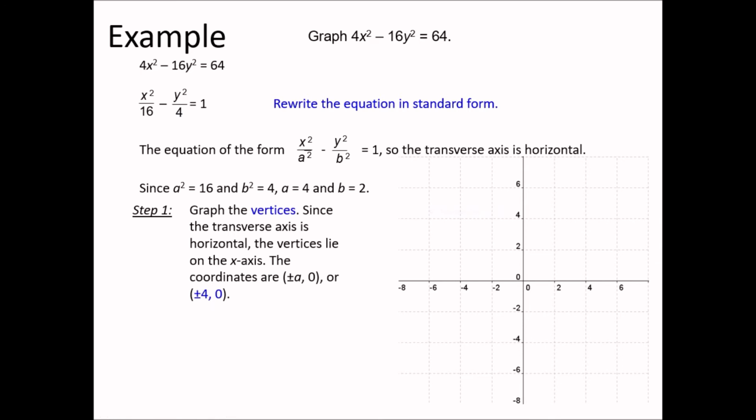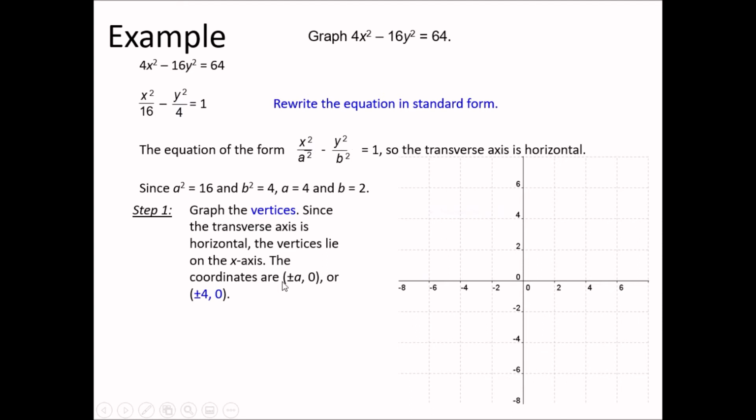First step is i-graph natin yung vertex. Since the transverse axis is horizontal, the vertices lie on the x-axis. Okay. Paano gagawin natin dyan? Since nasa gitna niya is 0, 0 kasi wala ditong h and k. Okay? Kita nyo? Wala ditong h and k, meaning center at 0, 0 siya.